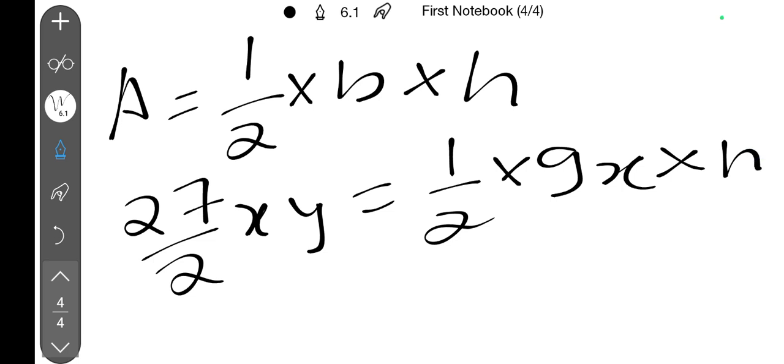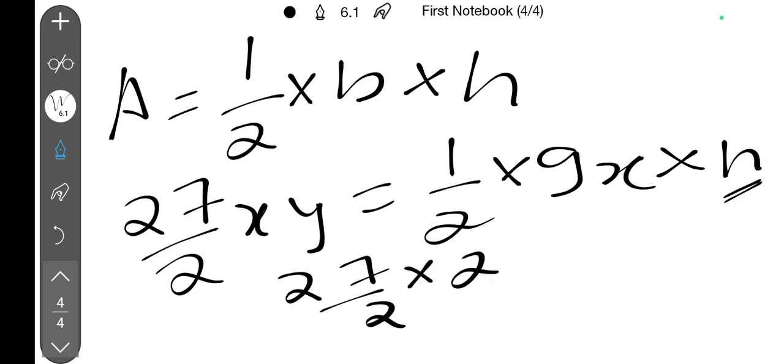Now since we require h, we can take all these terms to the left hand side. So 27 by 2 into 2, right?